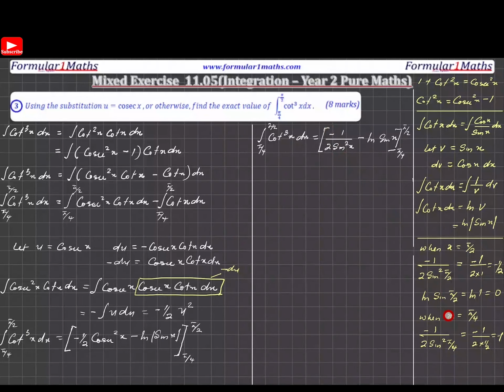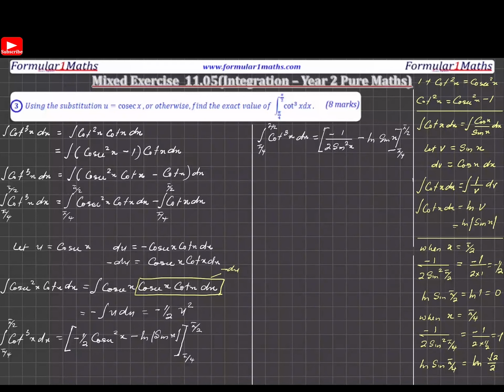Similarly, when x is pi on 4, this term here will become ln sine pi on 4, and that will be equal to ln root 2 on 2, because sine pi on 4 is root 2 on 2.